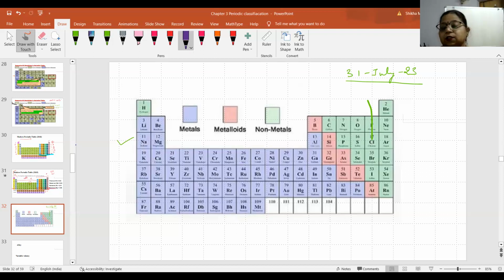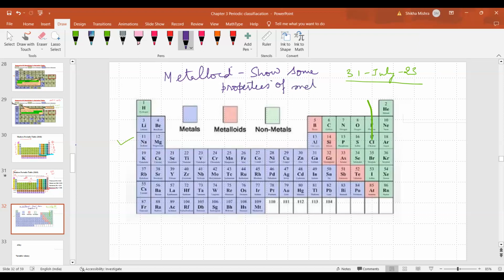A 1 mark question is usually asked, that name a metalloid or identify a metalloid from the given 4 options, right? So what we can say about metalloids is that metalloids show some properties of metals and some properties of non-metals, right? Yes, ma'am. Okay.